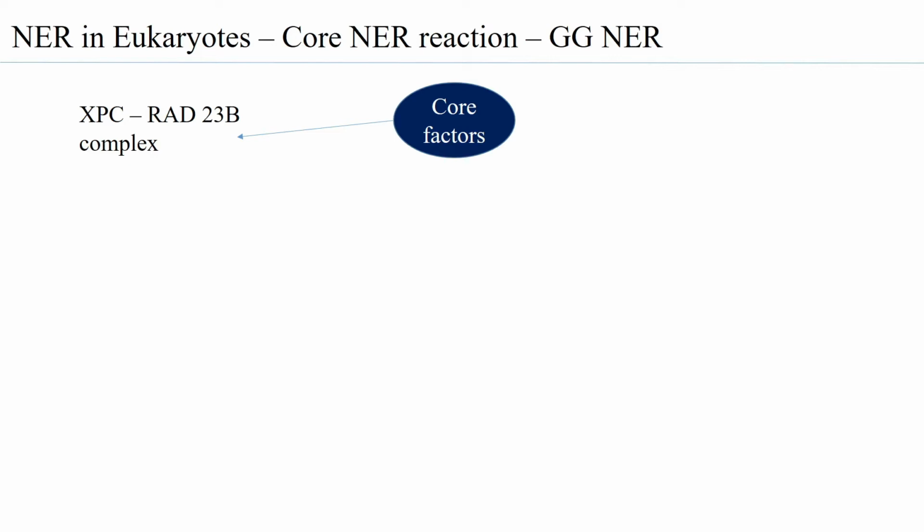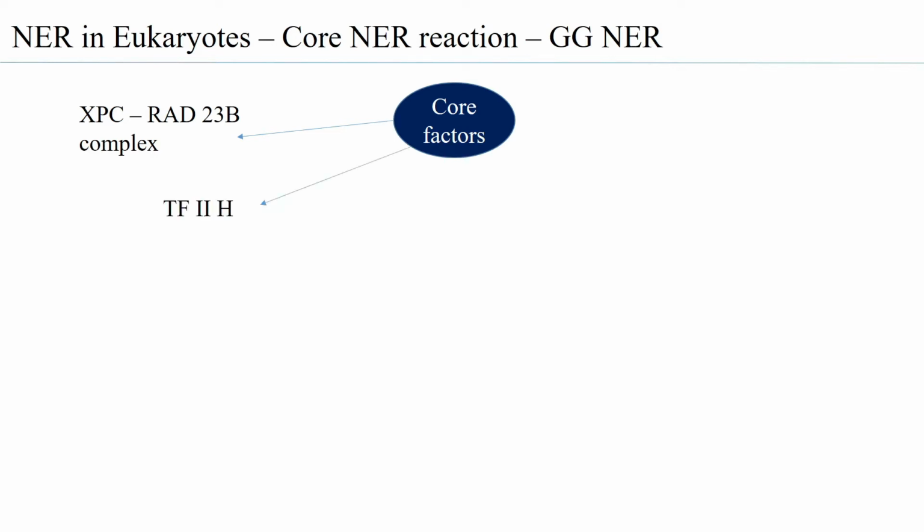So the first complex that binds is the XPC RAD23B, and XPC itself has a high binding affinity to the DNA, which is positive for the NER, because only when you have the complex binding to the DNA is it able to identify the damage.